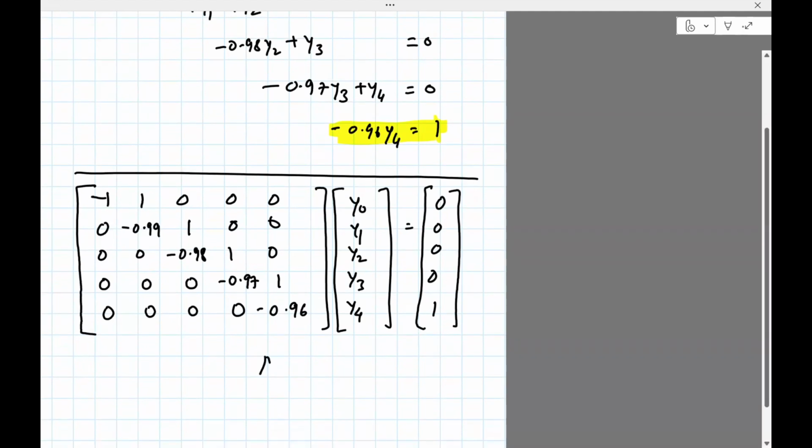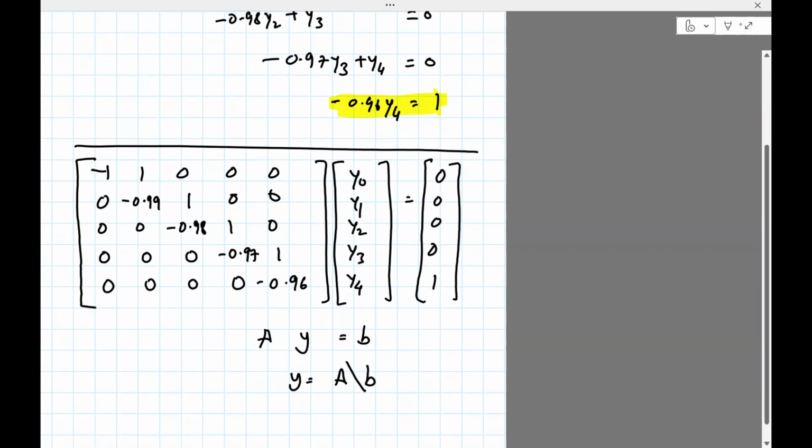So this will be Ay equals b. So y will be A slash b, though you don't need to do it. Here it's kind of straightforward.